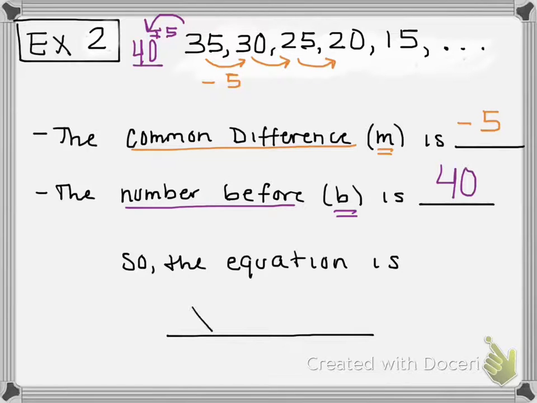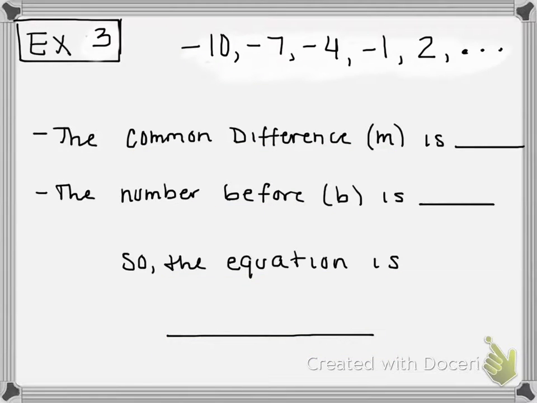So the equation for this sequence is y equals my m value, which is -5. X just stays as an x. And then I have plus the number 40. And that's my equation, y equals mx plus b. Pretty simple because it's kind of like a puzzle, and just putting it all together to create this equation, y equals -5x plus 40.